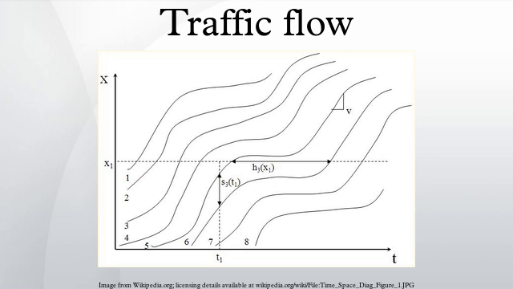Wardrop's user equilibrium and system optimum principles for traffic and transportation network optimization and control. Failure of classical traffic flow theories: Kerner explains the failure of the generally accepted classical traffic flow theories as follows. 1. The LWR theory fails because this theory cannot show empirical induced traffic breakdown observed in real traffic.